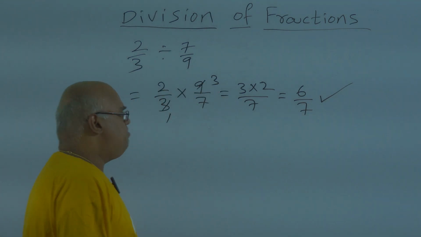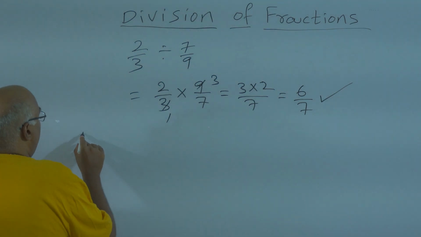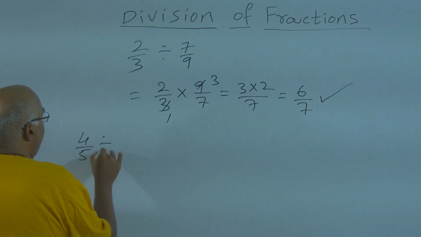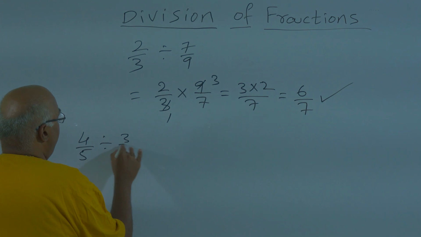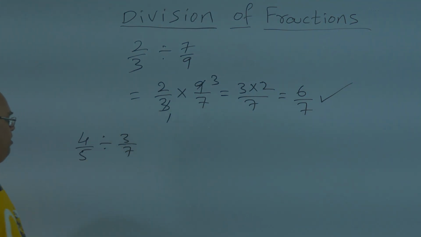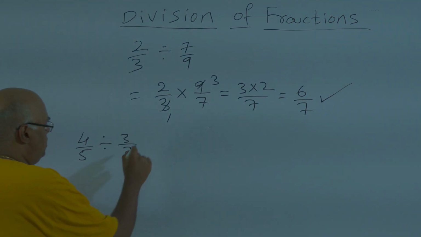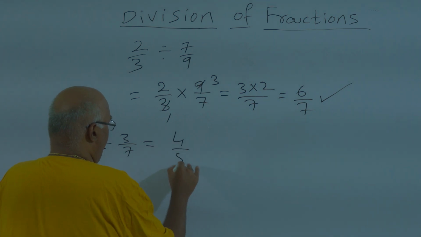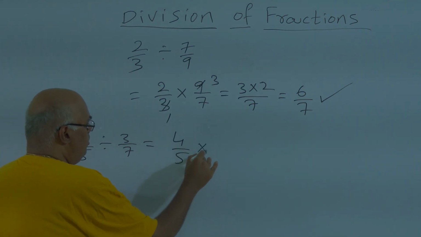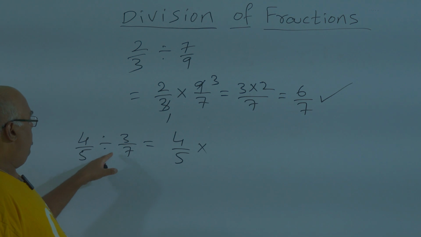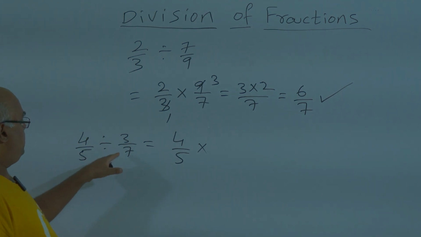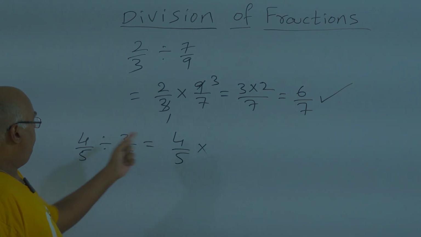Now let us take another simple problem. Say 4 by 5 divided by 3 by 7. So this is equal to 4 by 5 into, find the multiplicative inverse. You are dividing 4 by 5 with 3 by 7. Find the multiplicative inverse of 3 by 7 and multiply it with 4 by 5.